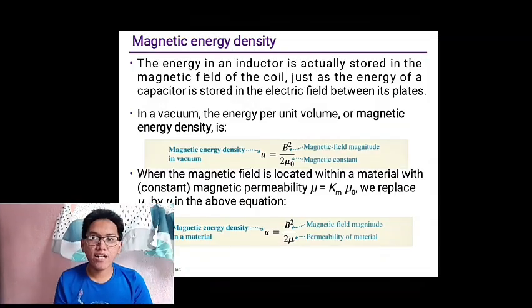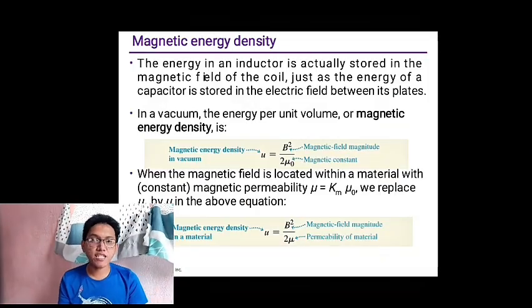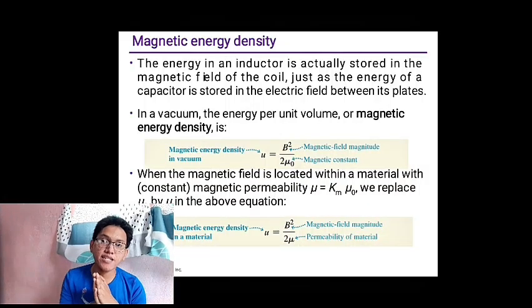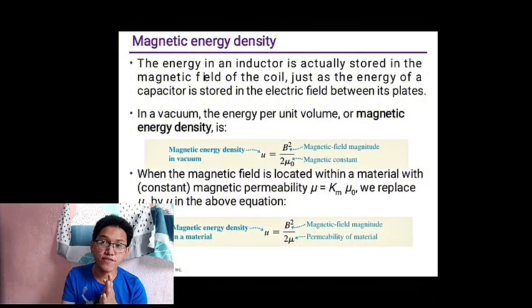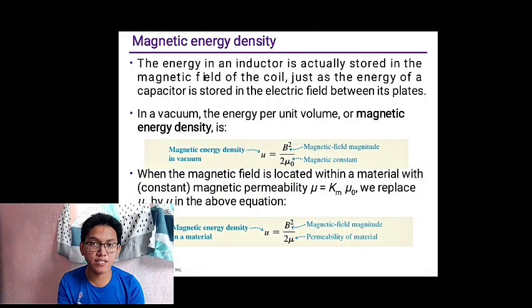We also have another formula here. Magnetic energy density: the energy stored in an inductor is actually stored in the magnetic field itself. Again, the energy stored in an inductor is actually stored in the magnetic field itself.